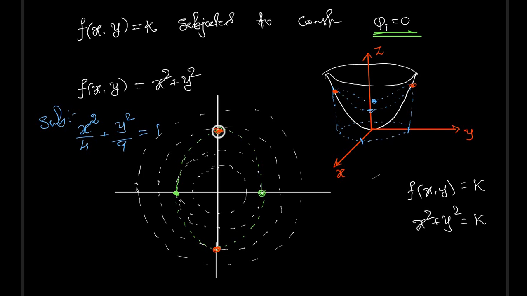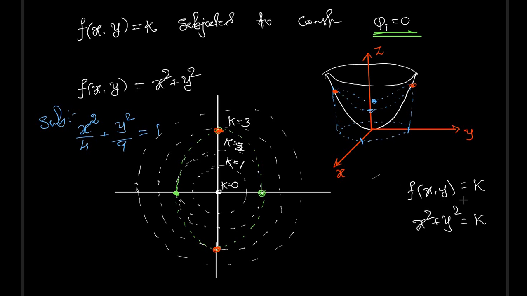So these are the red color points, and let me tell you what these level curves actually are. When k equal to 0, you will just get a dot, and the second dotted circle is k equal to 1, and the third dotted circle is k equal to 2, and the fourth dotted circle is k equal to 3.